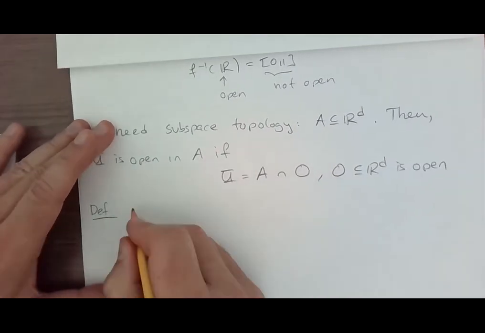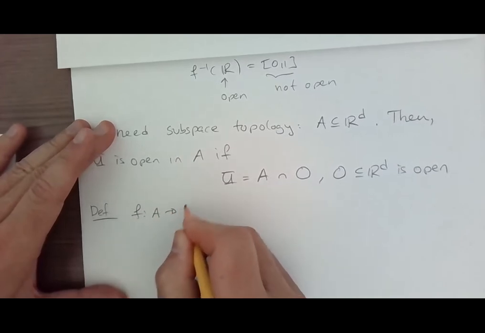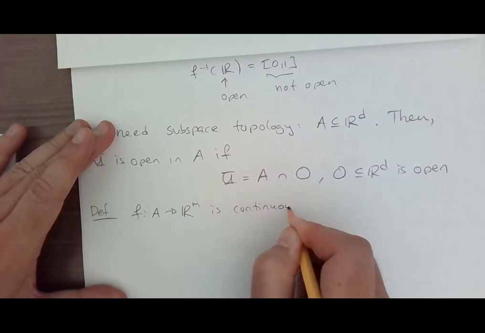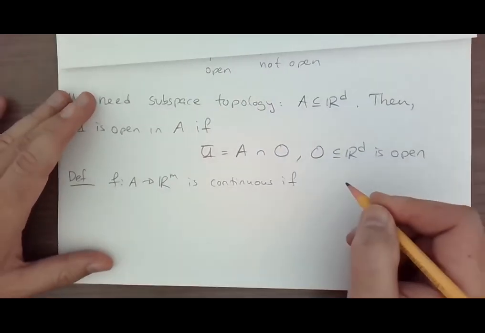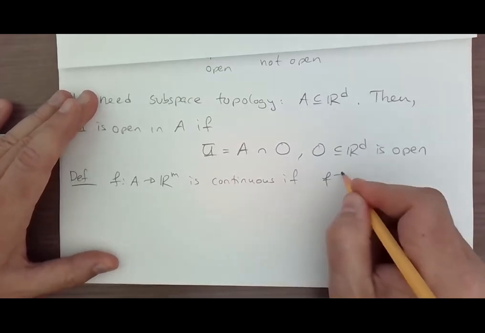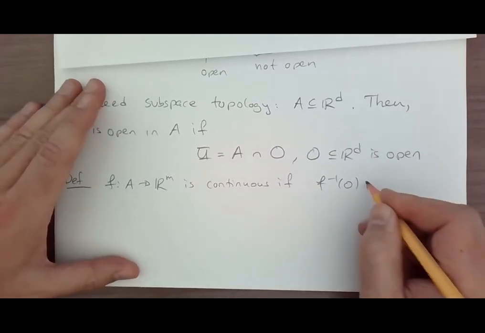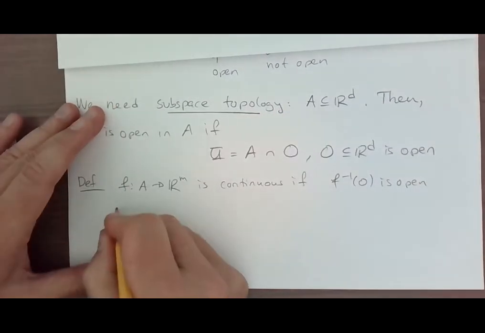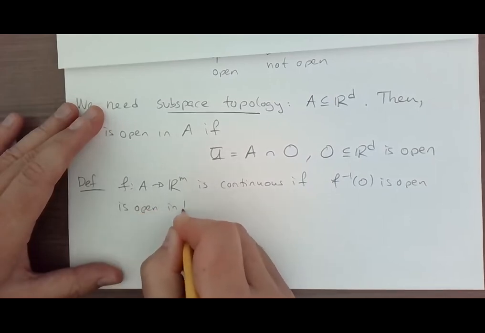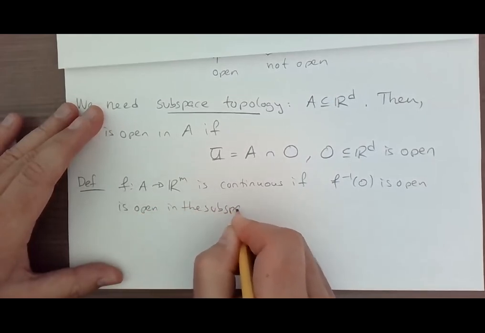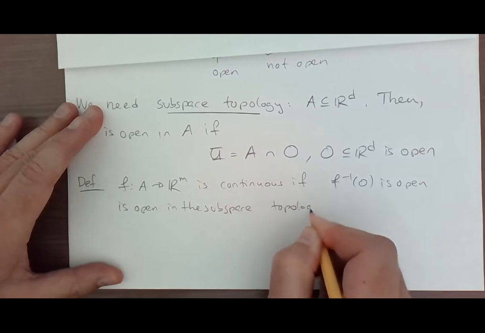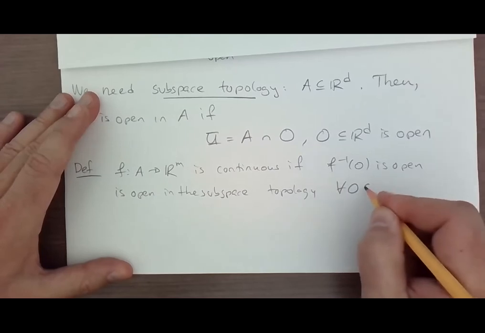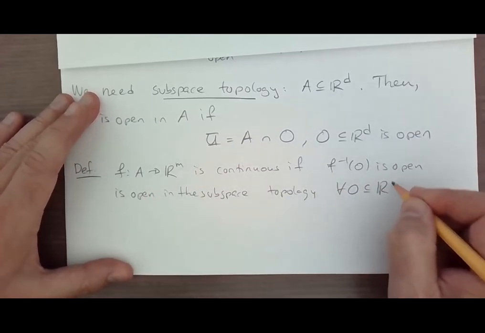The definition now is that a function that goes from A into, say, R^m is continuous if f minus 1 of O is open in the subspace topology for all O in the image that are open.